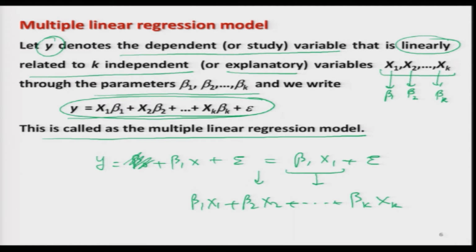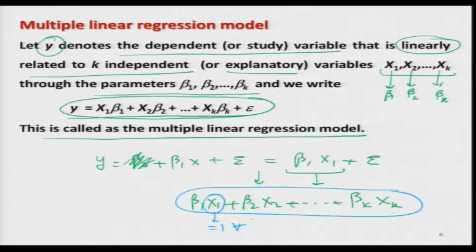And now if you are confused why I am not writing here the intercept term, let me show you. Suppose I take, look here, I try to take this x1 to be which takes value 1 for all the values.